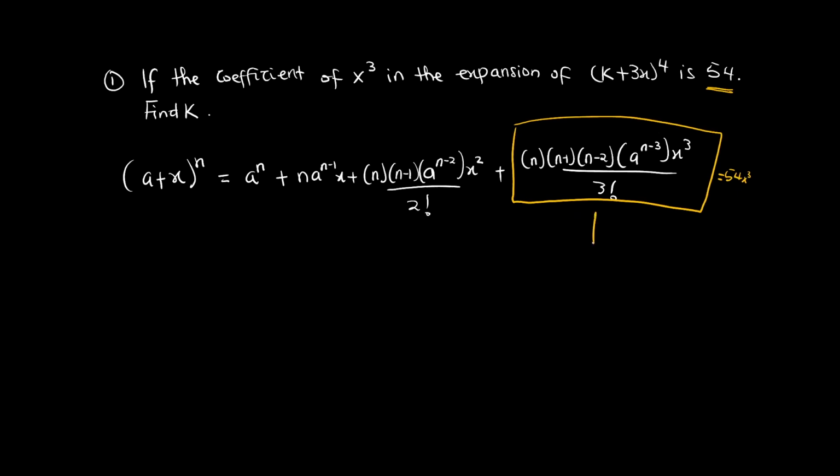So whatever you get after substituting the values into this expression will be equal to 54x cube, and then you can now divide by whatever you get over here, and then you get the value of k.